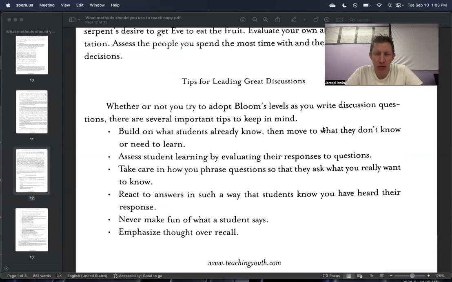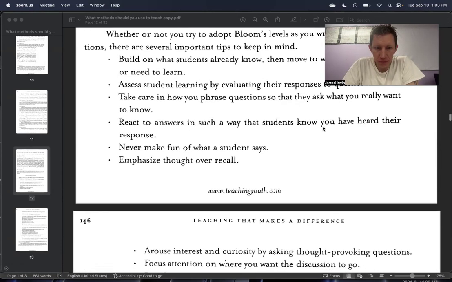I like the first one because inherently, right off the bat, you're going to find out where their knowledge or learning deficits are, if they have any. And if you have a child prodigy among you, you'll be able to find that out too.